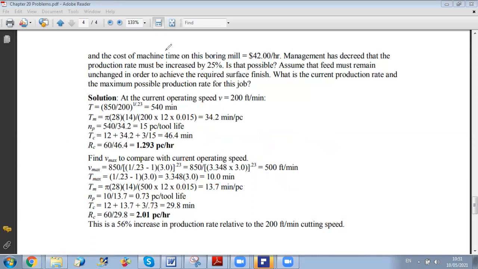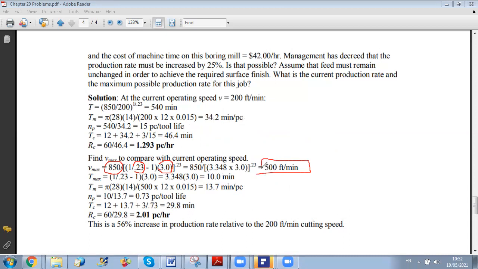So in order to calculate the maximum production rate, we will use the formulas of Vmax. As we have seen before, Vmax is affected by the value of C, by the value of n, and by the tool change time, which is here 3 minutes. So we can compute the value of Vmax.